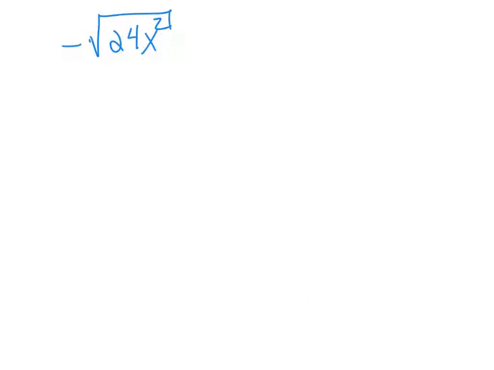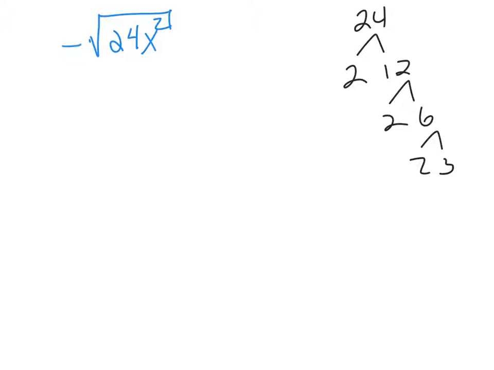The index is 2, so we're still going to look for groups of 2. So we're going to break 24 down to what? Okay, so that means this is negative square root of what?